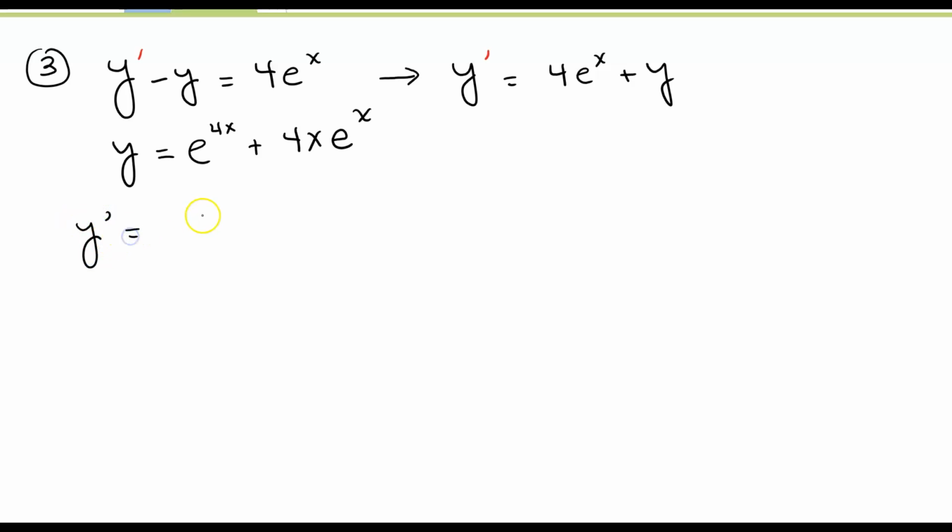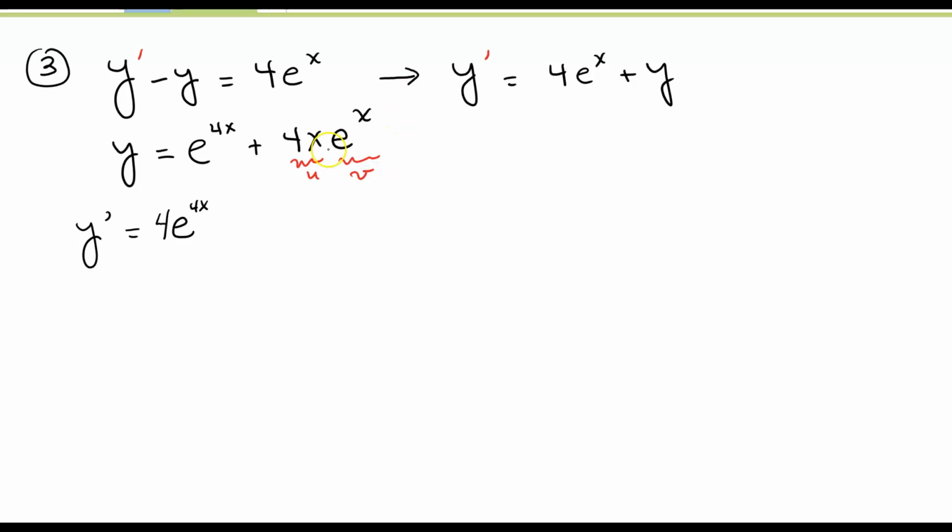And so when we find this derivative, we have yet again e to the 4x. So it's its own derivative with the chain rule compensating here, in that we have to multiply by 4. So we get 4e to the 4x. And then we take the derivative by applying the product rule here with the u and the v.